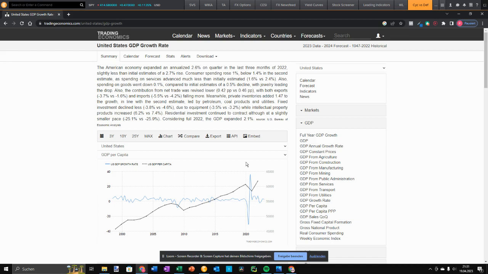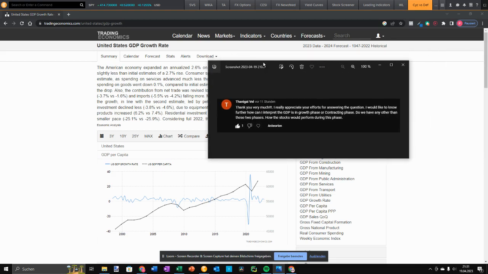With that little series, you should be able to predict what the GDP is doing. And of course, when your conclusion is it's growing, then you should look for cyclical stocks. When your conclusion is the GDP will be contracting in 3 to 6 months, then of course you should focus more on the defensive ones.